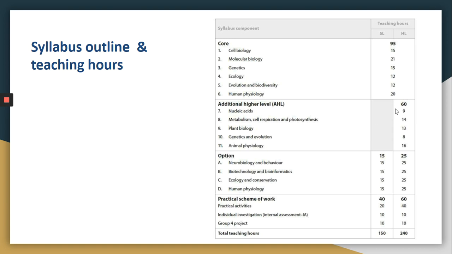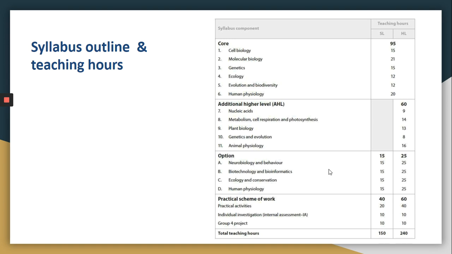But the difference between HL and SL comes from this additional higher level. There are 60 additional hours, which are just for the HL level. These 60 hours include another 5 units: nucleic acids, metabolism, plant biology, genetics and evolution, and animal physiology. These are the additional higher level.